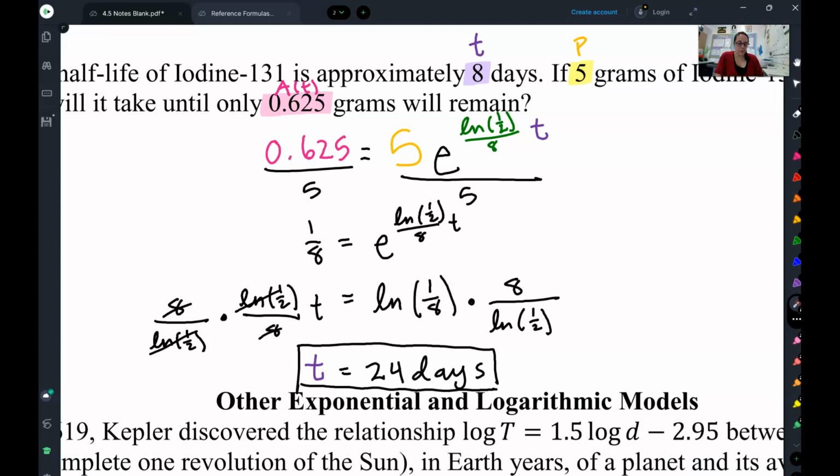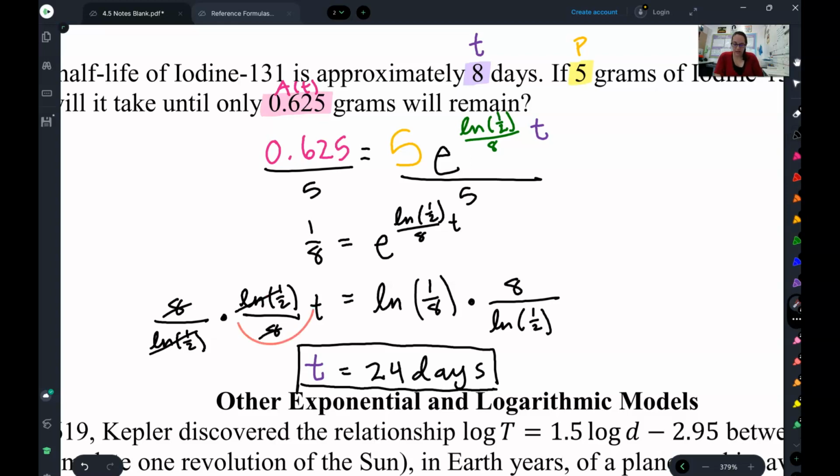Now, just so you know, at this point, you have a couple choices. You could divide by this whole thing and then do this. But I personally don't really like fractions in fractions. It gets hard to type into my calculator and I worry I'm doing it wrong. So instead of dividing by this fraction right here, notice that instead I multiplied by the reciprocal.